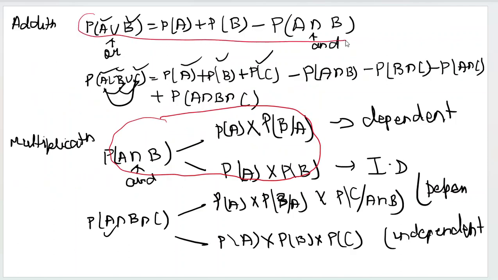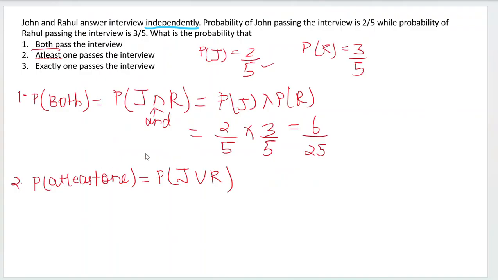Probability of A union B is P of A plus P of B minus P of A intersection B. In this case there is J and R, so this is nothing but P of J, that is the first one, plus P of R, that is the second one, minus P of J intersection R.